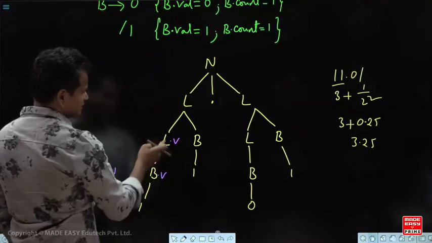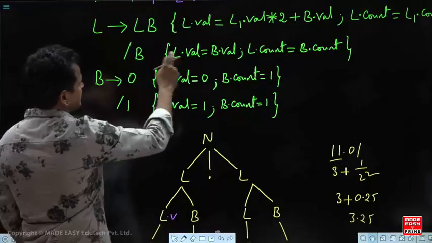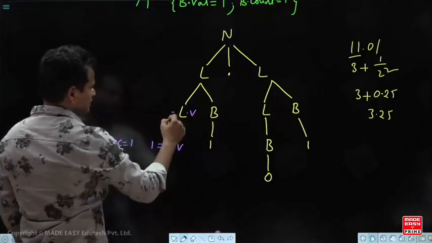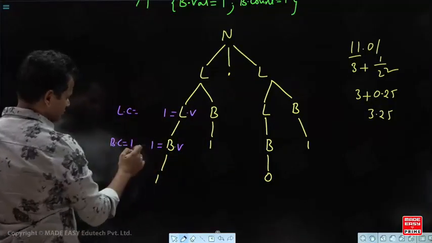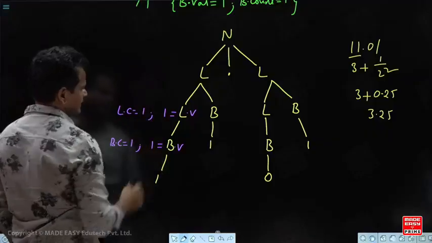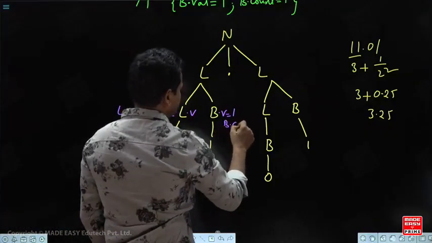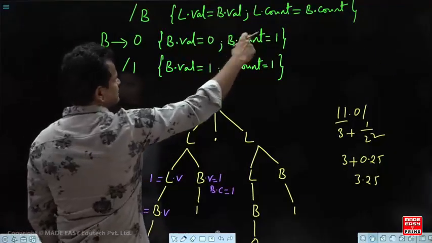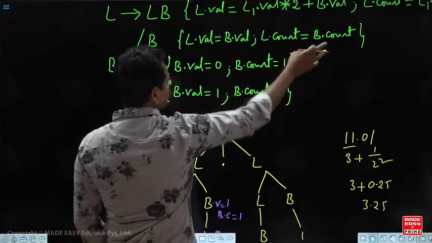L derives B, so B is reduced to L. L dot value equals B dot value, which is 1, and L dot count equals B dot count, which is 1. Every time, whether it is 0 or 1, B dot count is always 1.